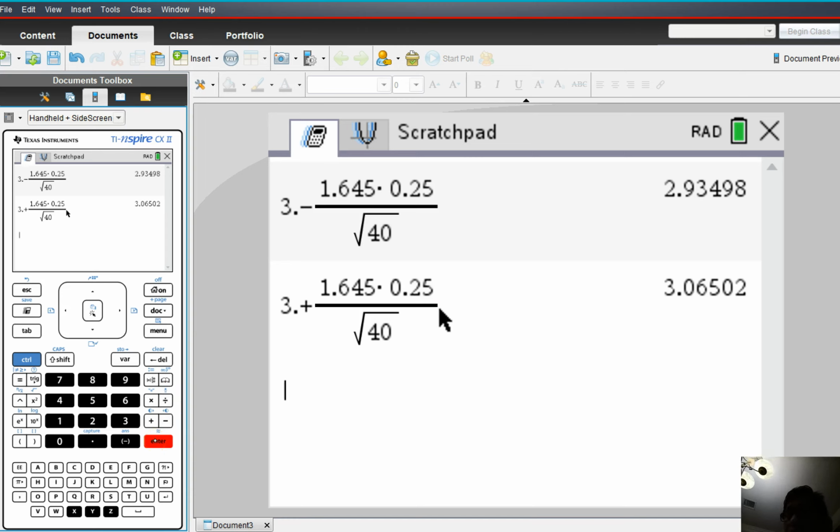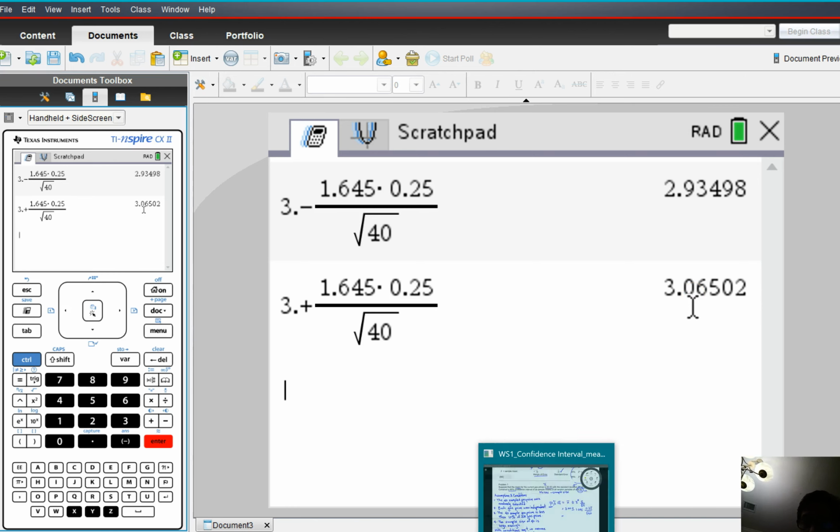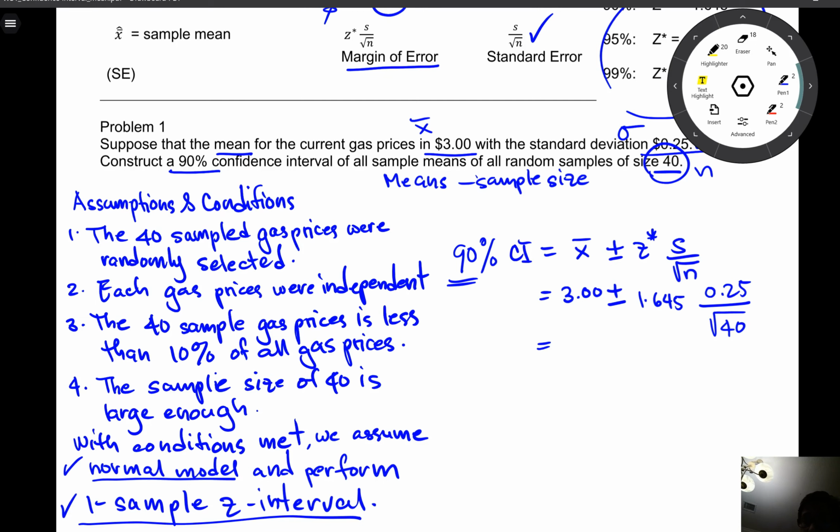So it's from 2.935 to 3.065. Let's just go 2.93 up to 3.07. Okay, let's write that here. We got 2.93 up to 3.07. There you go.